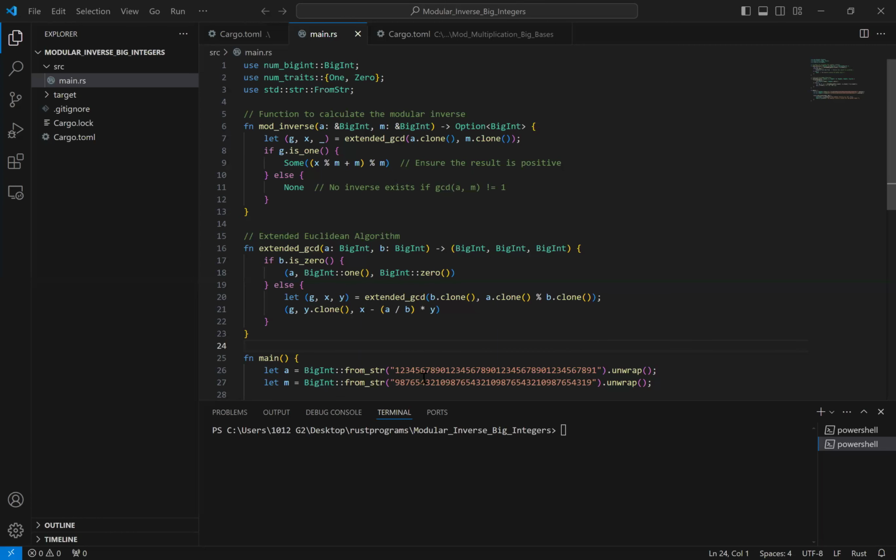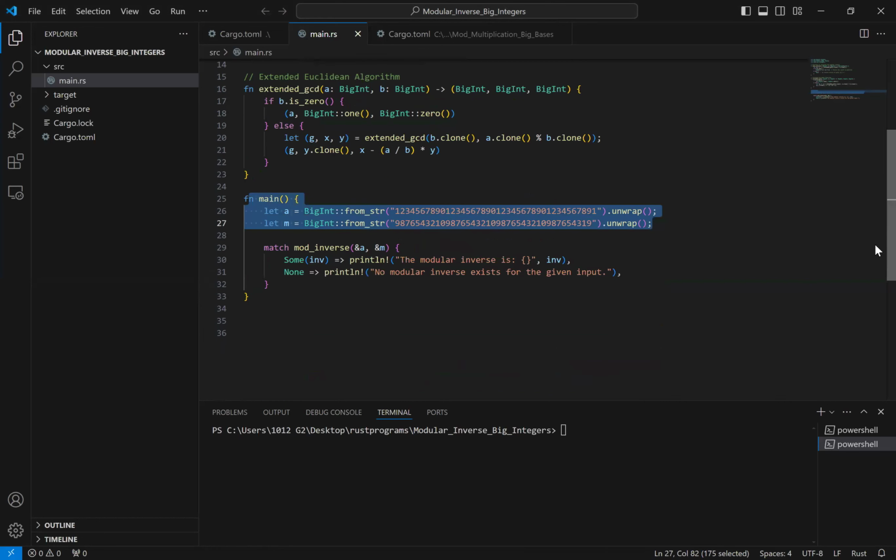Now, it's here. These are the integers. You can see the numbers. The main function, the one I'm highlighting. Okay.